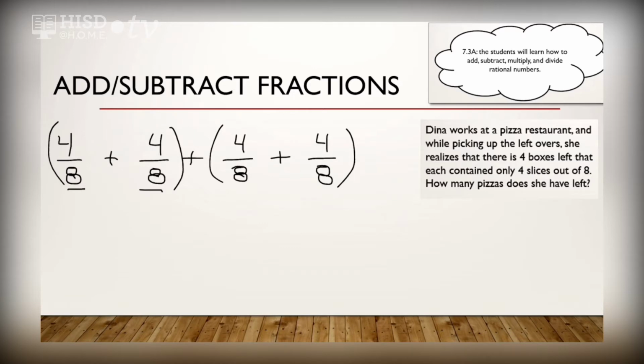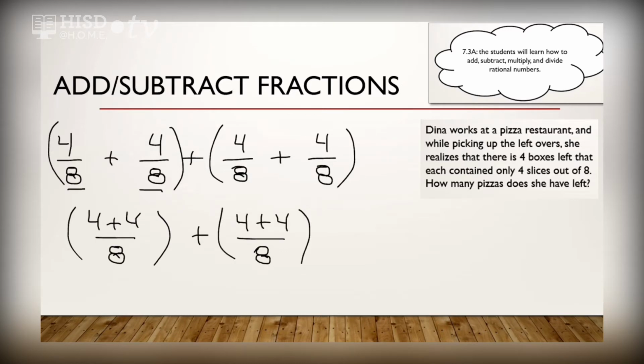That means that the denominator is going to remain to be 8, and I just add 4 plus 4. And then I'm gonna do the same thing on this side, where the denominator is gonna stay the same and the numerator is the one that is gonna be added.